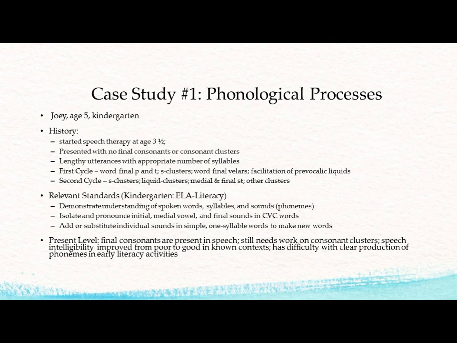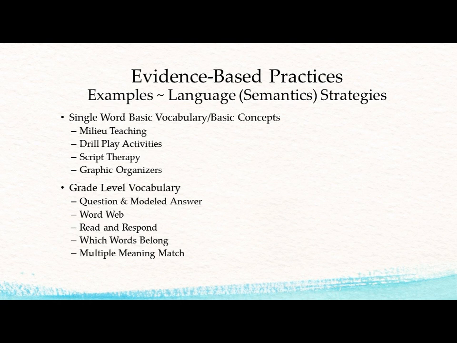Next, we want to identify the language and communication skills needed for success, or the language underpinnings of the standard. Third, we want to identify the student's current skills and needs in terms of the present levels of academic achievement and functional performance statement and the IEP goals and objectives.